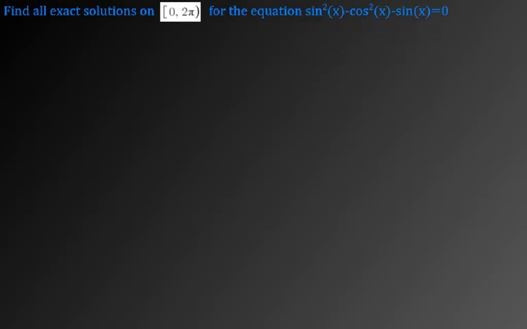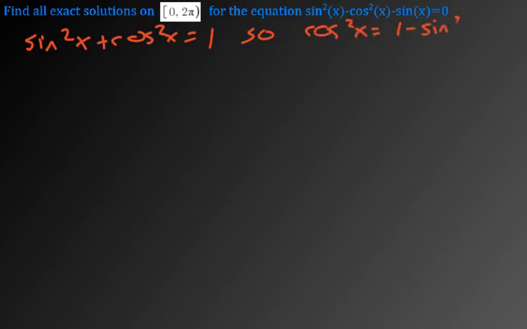So what I might do is switch cosine squared out for a sine, right? Because I know that sine squared x plus cosine squared x is equal to 1, so cosine squared x is 1 minus sine squared x. And that's going to be what I use first.